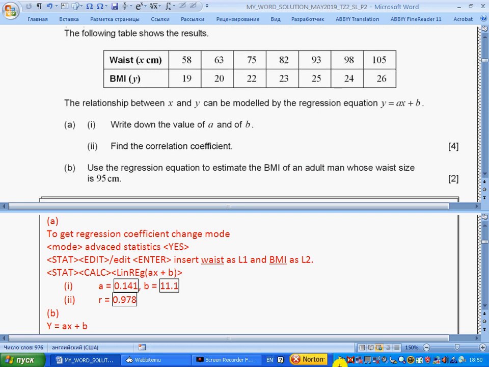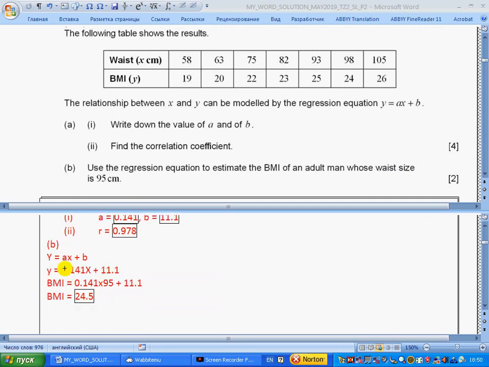Next, use the regression equation to estimate the BMI of an adult man whose waist size is 95. So this is our function. We substitute our values A and B, then we substitute our value of waist, 95 centimeters.